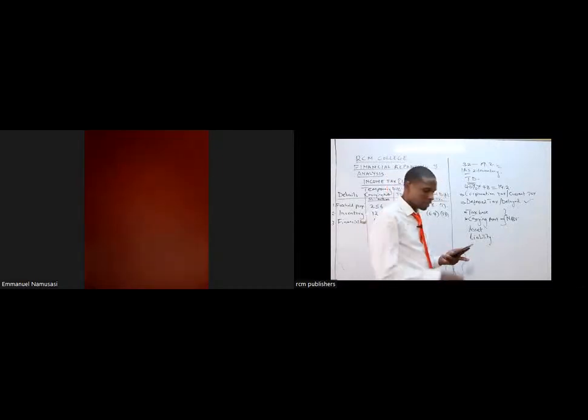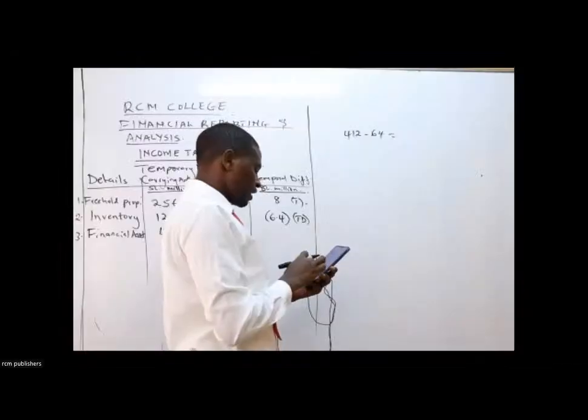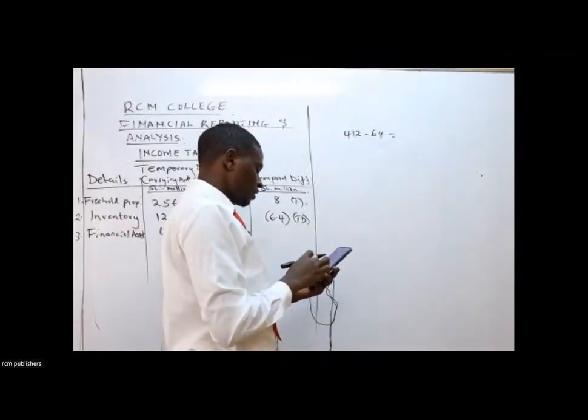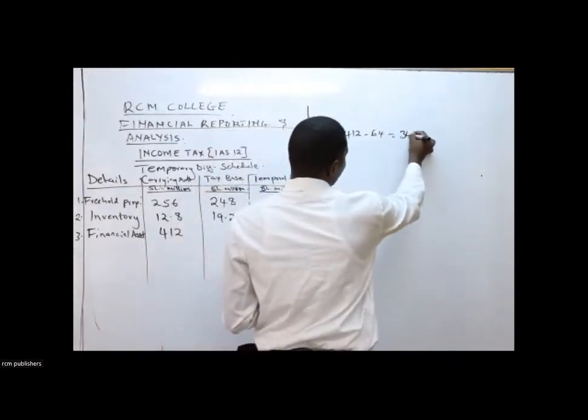So we come here and check. The gain was 64. So we have 412 minus 64. Here I'm getting 348.